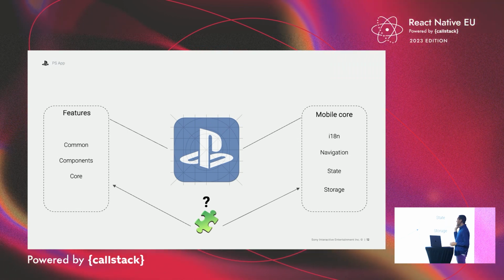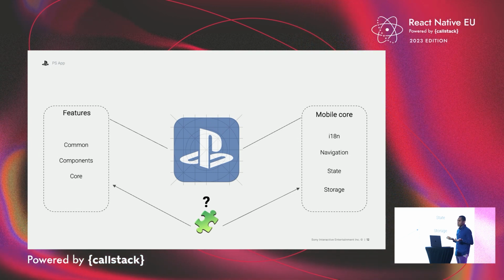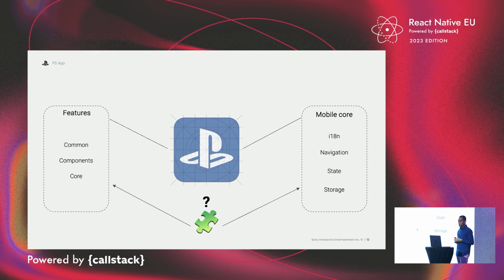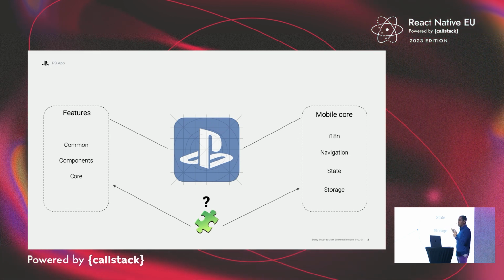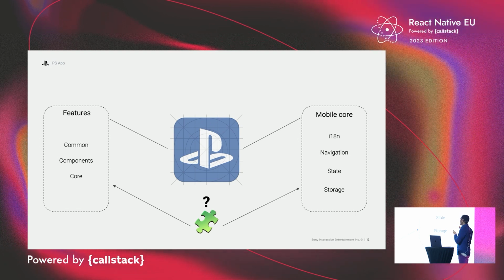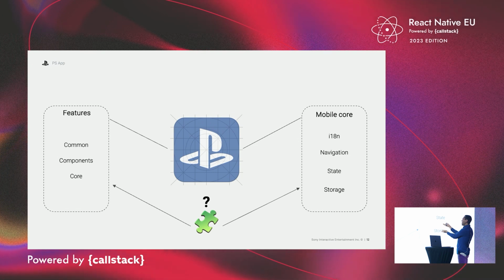This kind of divide can be very problematic for anyone that's trying to contribute new features to the code base, because these concepts do overlap. How do you know what to place in mobile core when you have also core in the section of features?